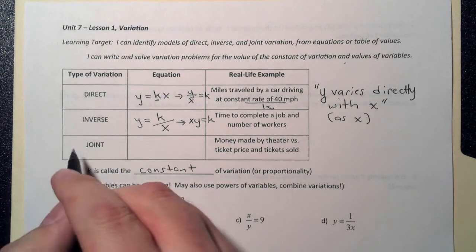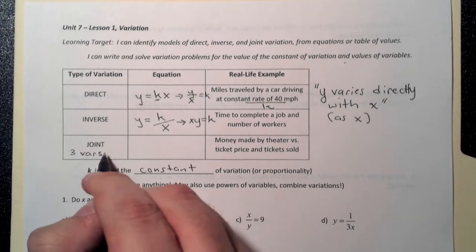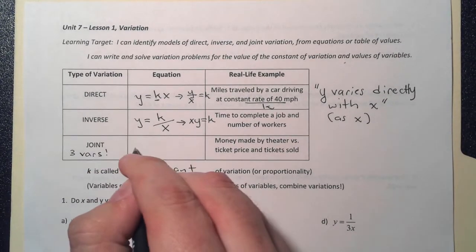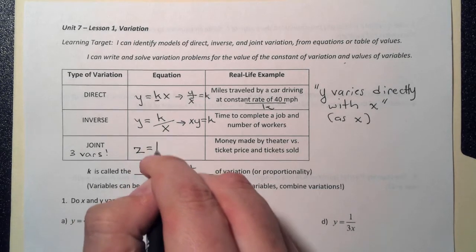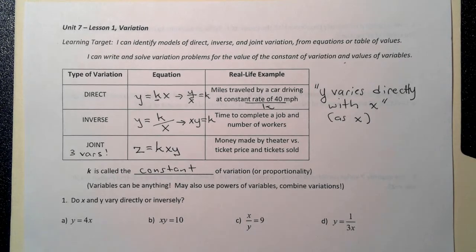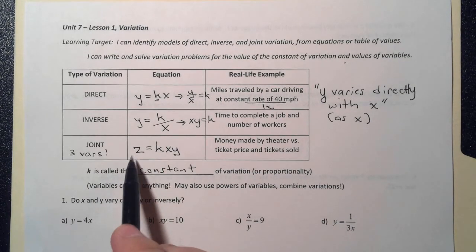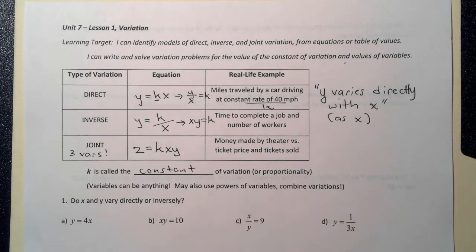Joint variation uses three variables, three unknowns. So I might say something like z is equal to kxy, again, k being my constant. So z here might represent the money made by a theater, while x is ticket price and y is tickets sold.